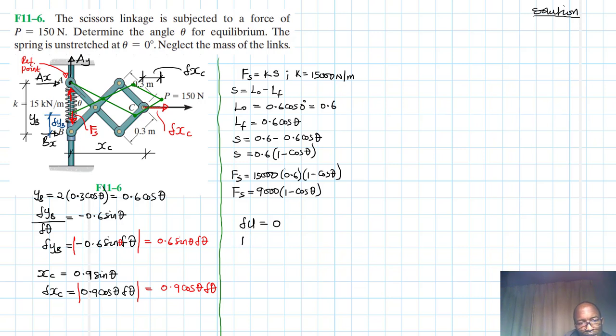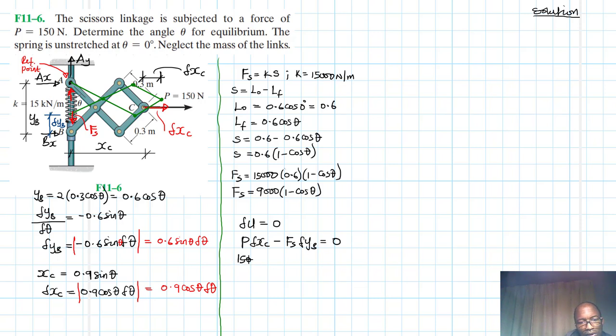So here we have P del xc, they are both in the same direction, so they are positive. And then at B, you have Fs pushing down and the displacement going up, therefore in the opposite direction we assign a negative. So minus Fs del yb equal to 0.